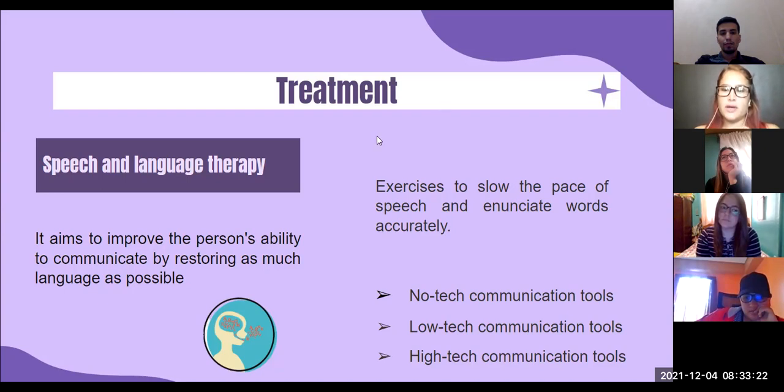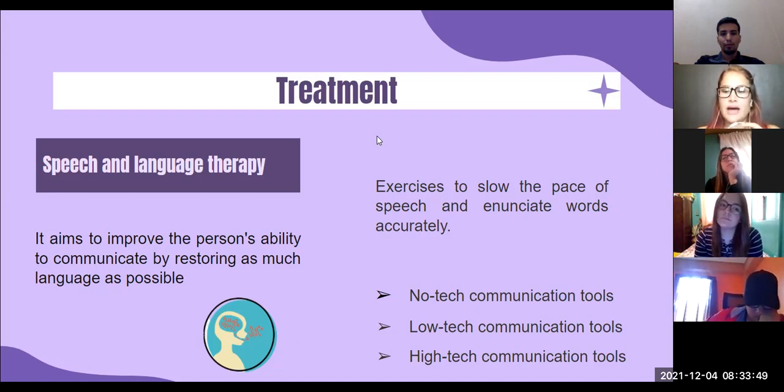This kind of therapy includes no-touch communication tools. For example, the therapist uses strategies like pointing or signaling, and this is when the disorder is very mild. Then we have low-touch communication tools, and in this case, the therapy will use pen, paper, and images.